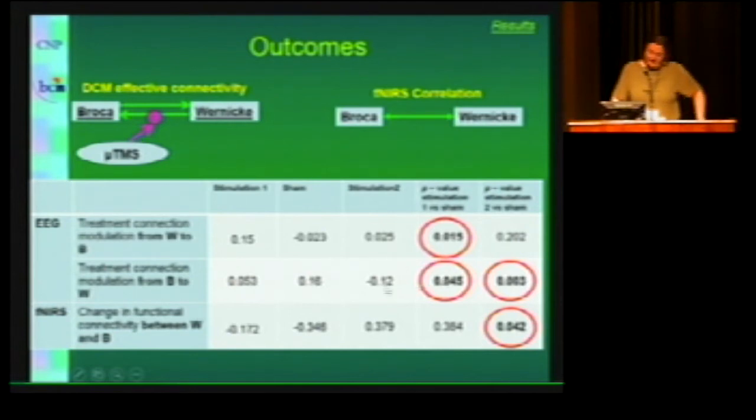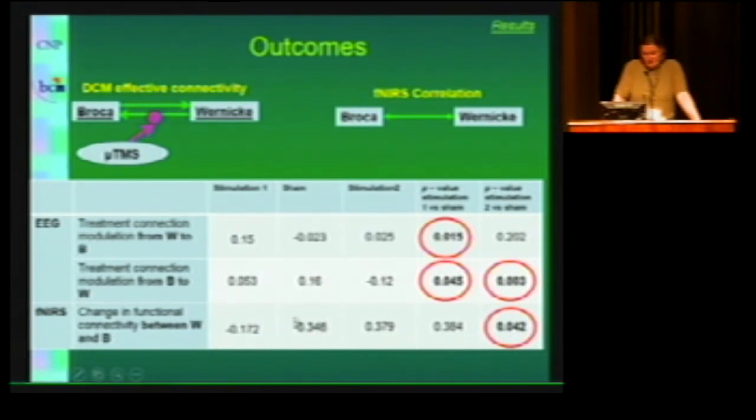It's also significant, which means that this opposite effective connectivity in stimulation 1 actually slightly decreases compared to sham.